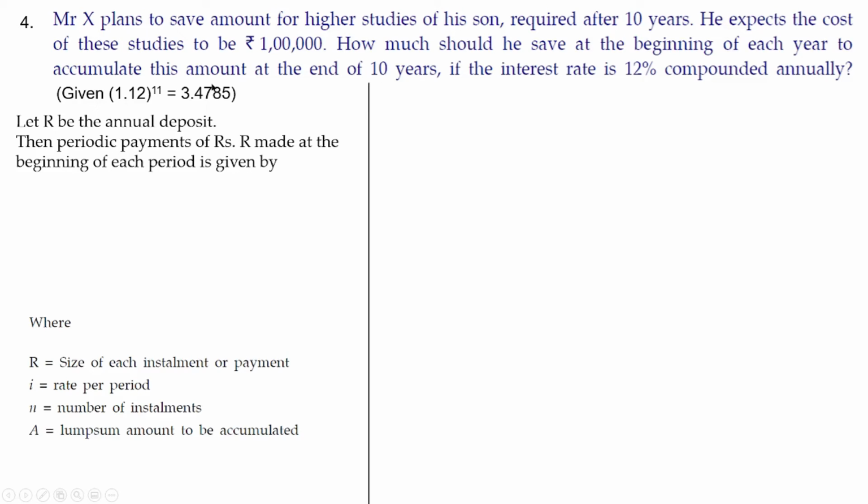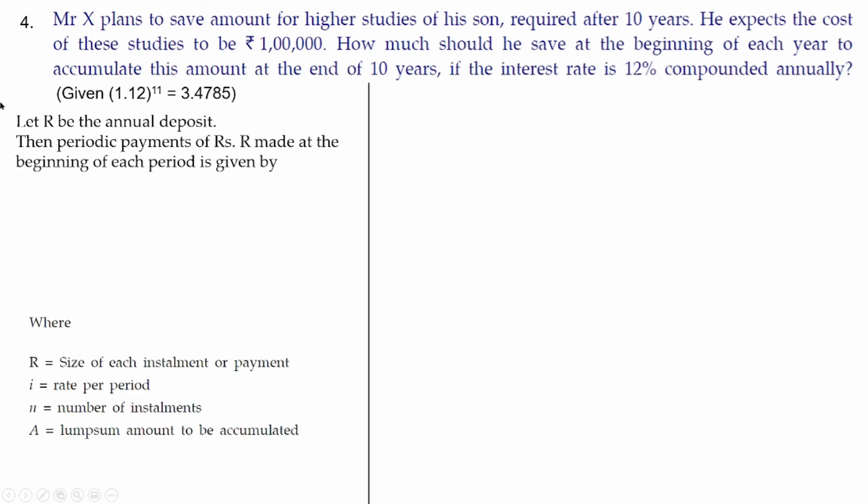So here we have to find the amount that should be saved at the beginning of each year to accumulate this amount at the end of 10 years if the interest rate is 12% compounded annually.